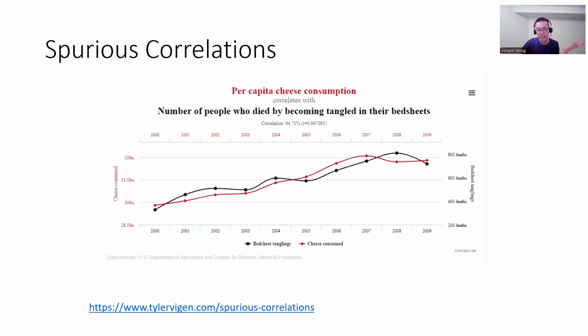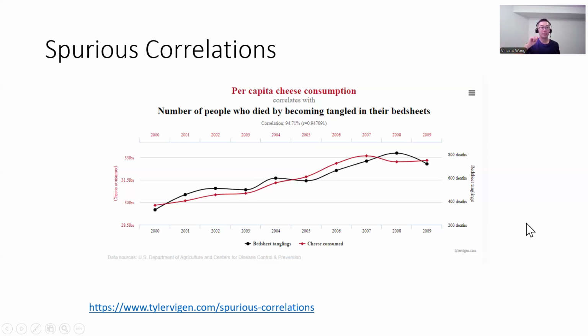But I can say with pretty high degree of confidence that eating more cheese is not going to make you more prone to getting tangled by your bed sheets. One thing has absolutely nothing to do with the other, and yet they are closely correlated. So this is a perfect example where correlation does not imply causality. If you go to the website, there are a bunch of other random ones that you can see.